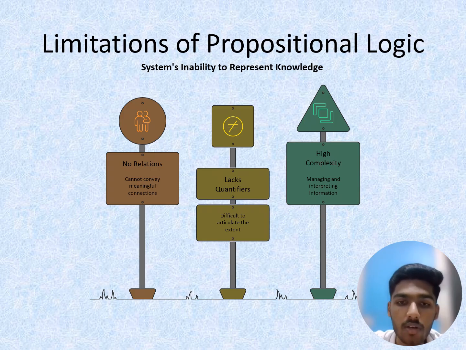I would have to make a separate rule for every single human. If Sushant is a human, he is mortal. If Alice is a human, she is mortal. And so on for billions of people. It just doesn't scale. To handle complex real world knowledge, we need something far more expressive.